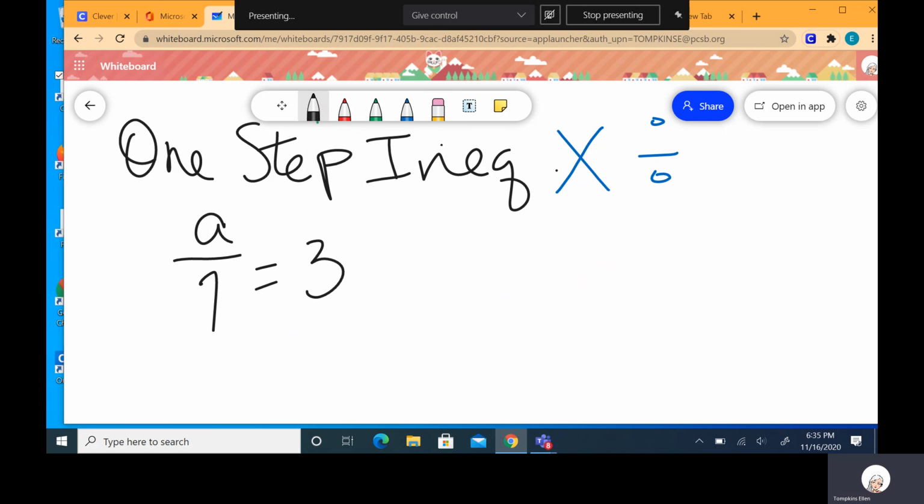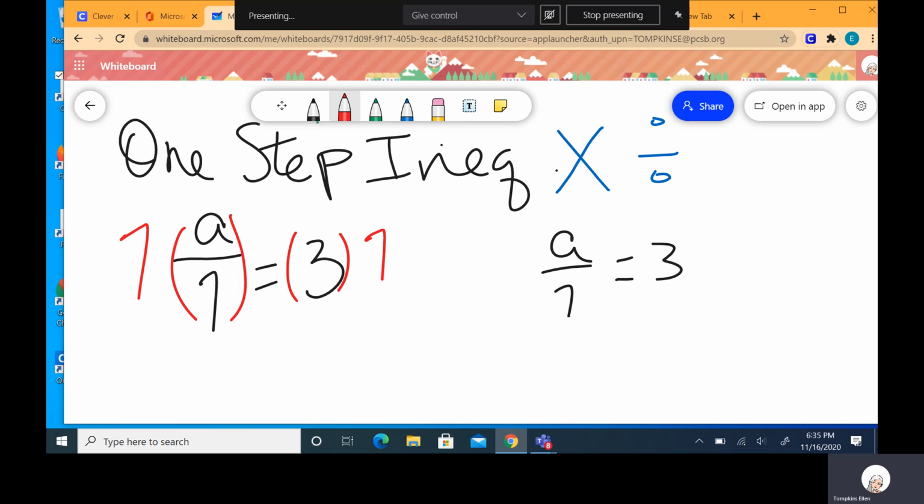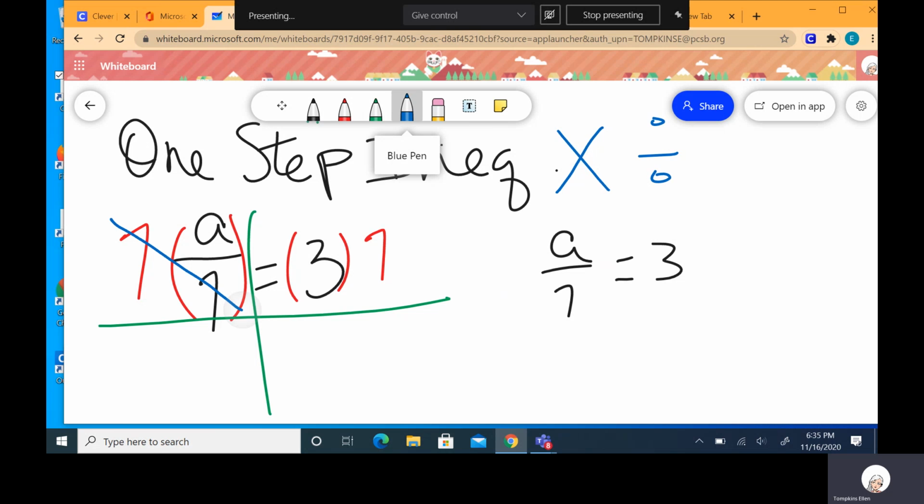Again, this is the equation version. A over 7 equals 3. In order to get rid of it, I need to multiply by that 7 on both sides. When I do that, it allows those 7's to cancel out, and that a will drop down.